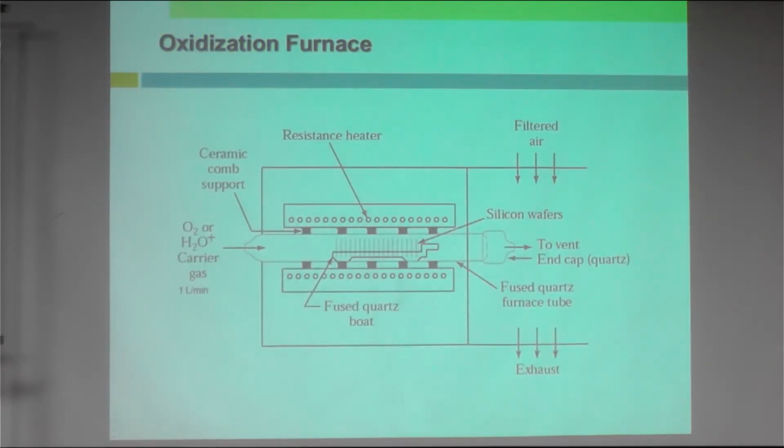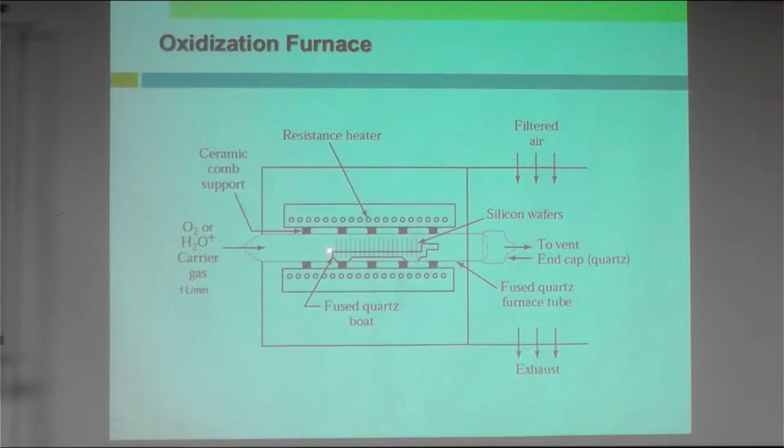Here is an overview of an oxidation furnace. Normally you have a resistance heater here. So this is the furnace and the heater covering the furnace. Then we flow either oxygen or water vapor into the furnace, and you have your silicon wafers standing on a board, which we call a fused quartz boat here.